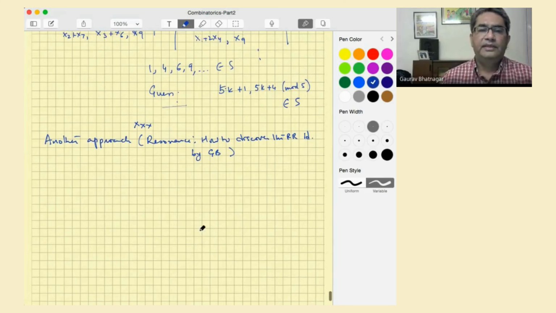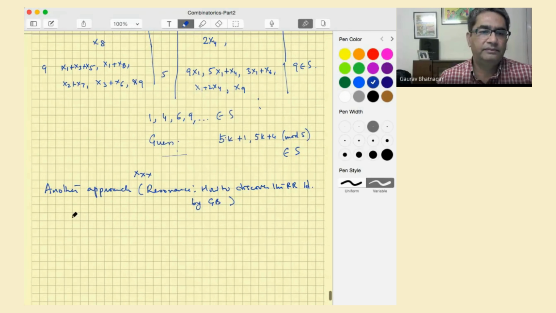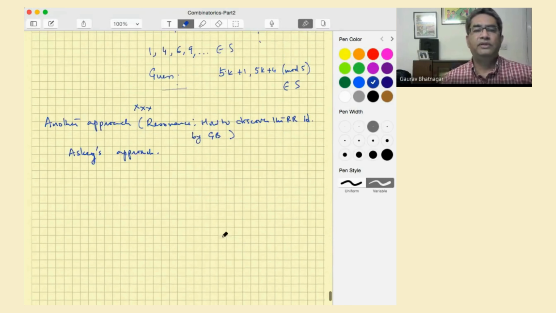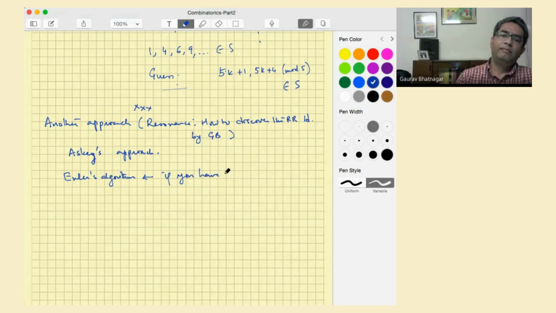So here, this is Andrew's approach. But the method that I'm going to talk about is Euler's algorithm for if you have a sum, how to guess the product.